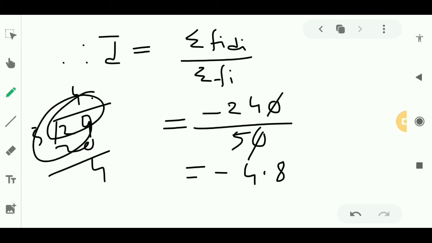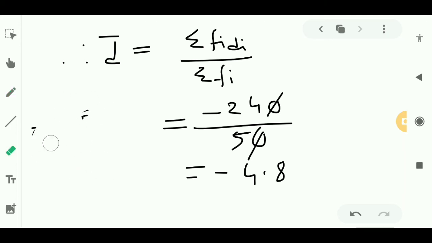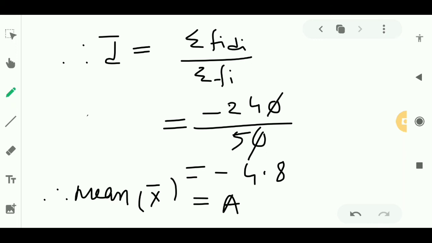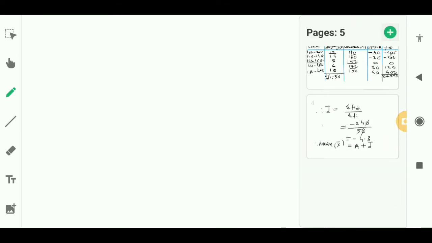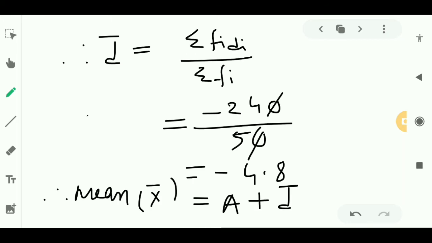So we have got d bar, but we need to find the mean. The mean formula in case of assume mean is x bar equals a plus d bar, where a means the assume mean whatever we have taken. So we have taken the assume mean 150 plus minus 4.8.